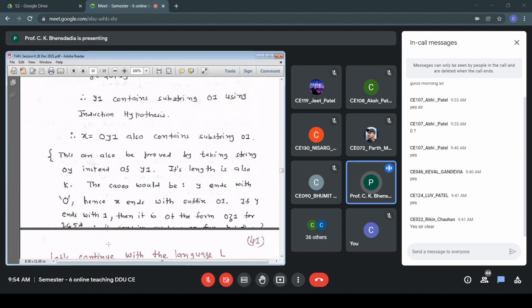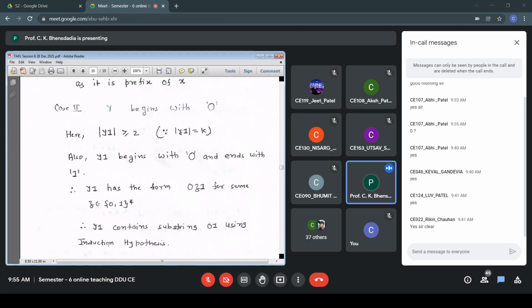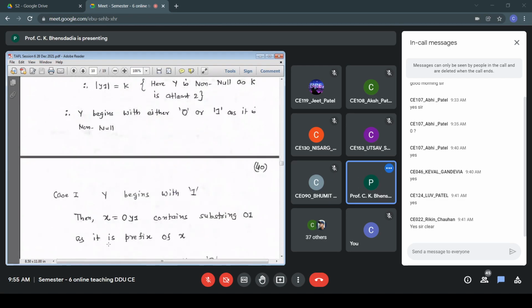Its length is also k, and the cases would be y ends with 0 and y ends with 1. So y ends with 1 means my x is 0, y1. So again, I will get something like 0, z1. Very similar to what we got in these cases.